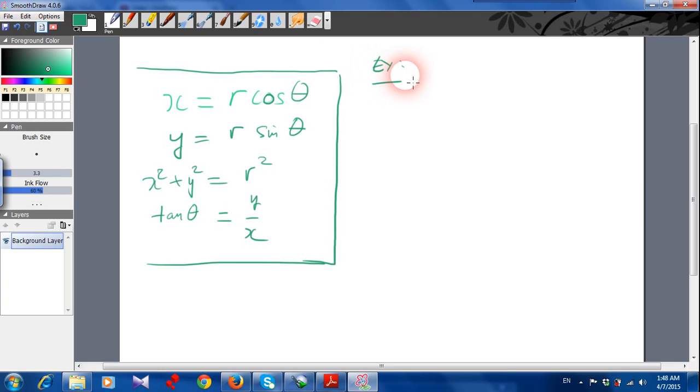Example. How about converting each rectangular equation to a polar equation?